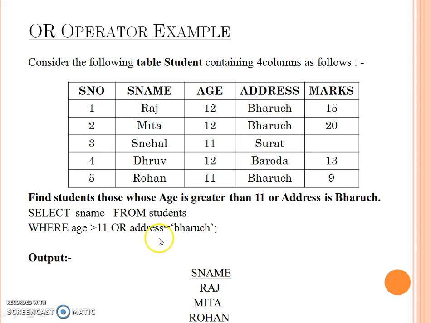So even though the student's age is not greater than 11, as you can see in the example, that is Rohan, since the second condition is satisfied by this record, I would be able to see the result for it.